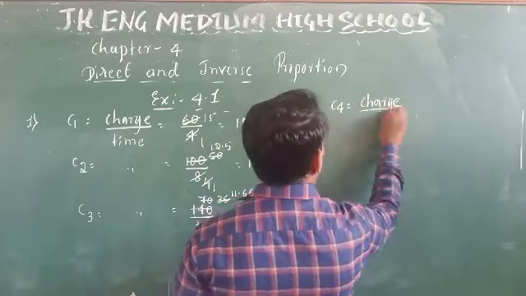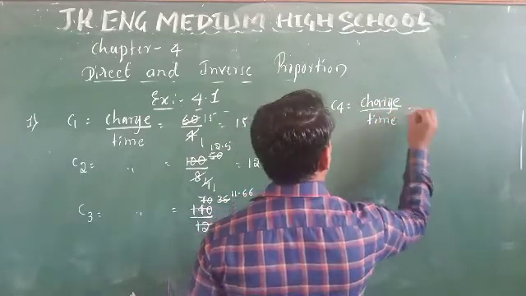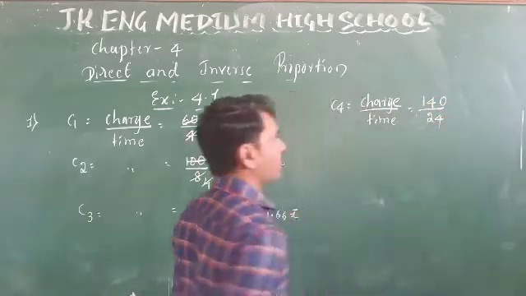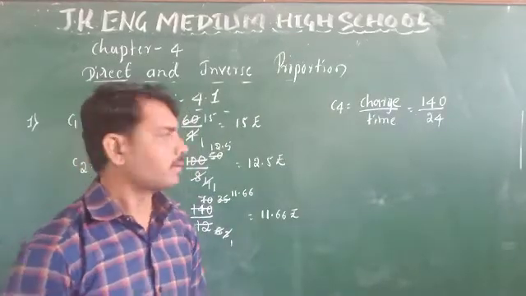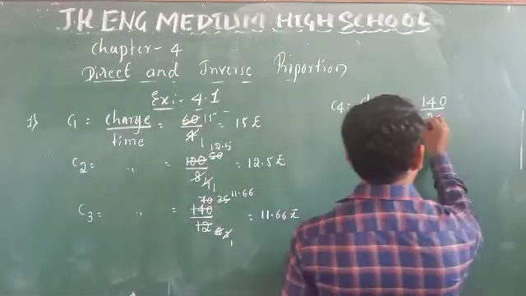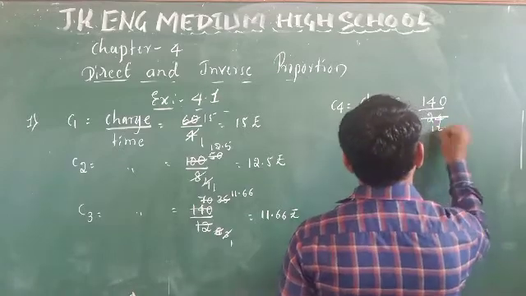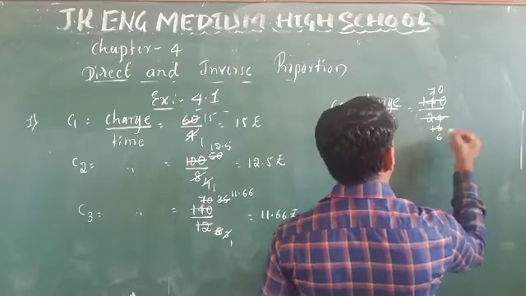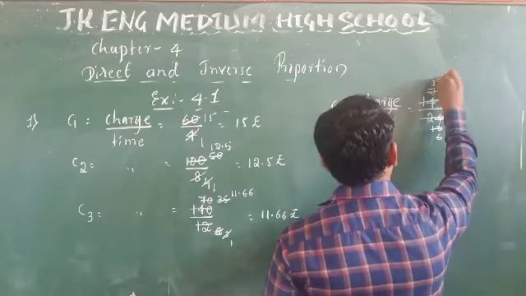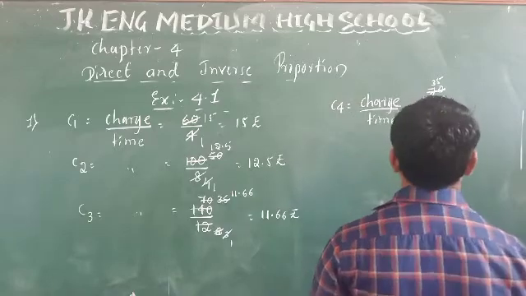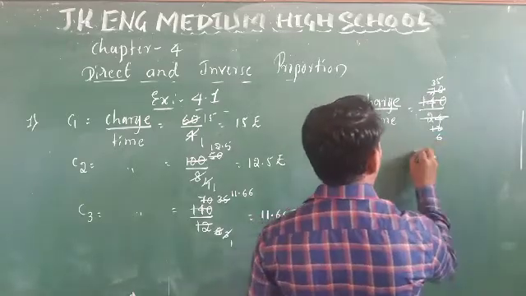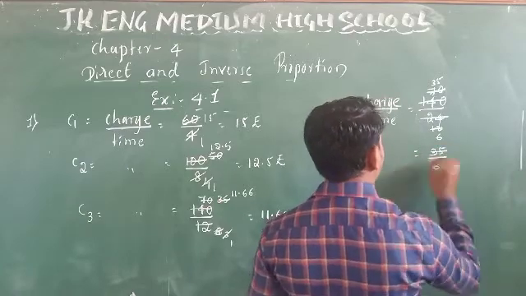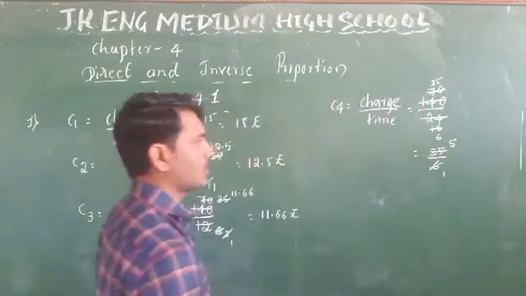Charge divided by time. So what is the charge? 180 divided by 24 hours. Understanding? Okay. Next. 2 12s are 24, 2 6s are 12, the remaining values are 35 by 6. 6 5s are 30.